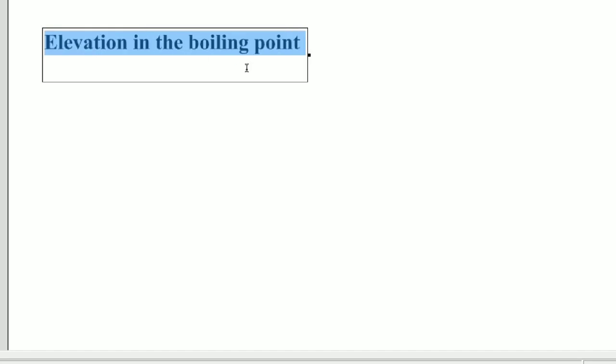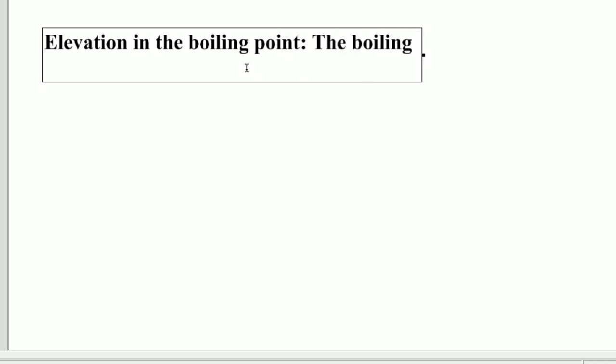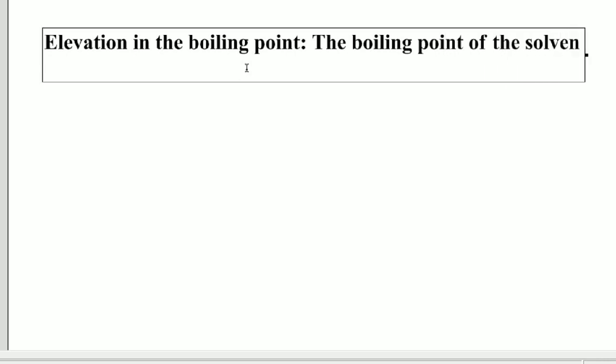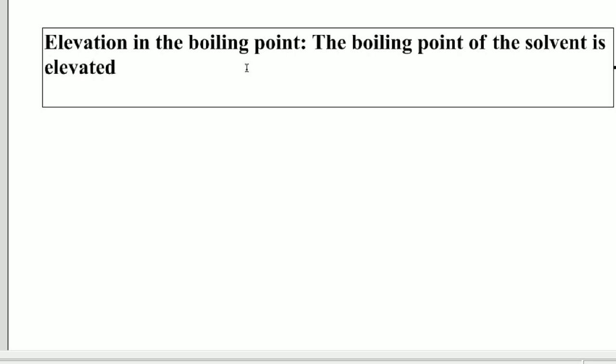Students, the boiling point of the solvent is elevated by the addition of a non-volatile solute. Here elevated means increased.